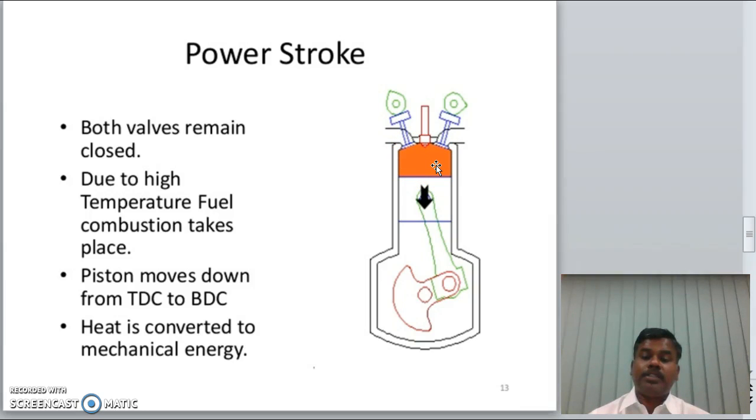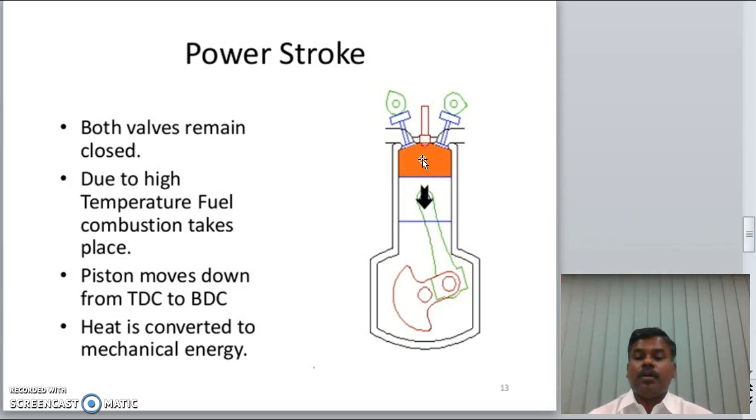The temperature and pressure of that air are very high, and it acts as a supporting atmosphere for the injected fuel. So the diesel gets auto ignited and the burning takes place.